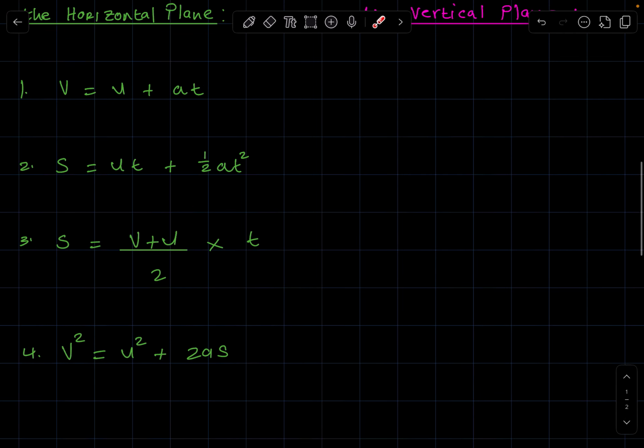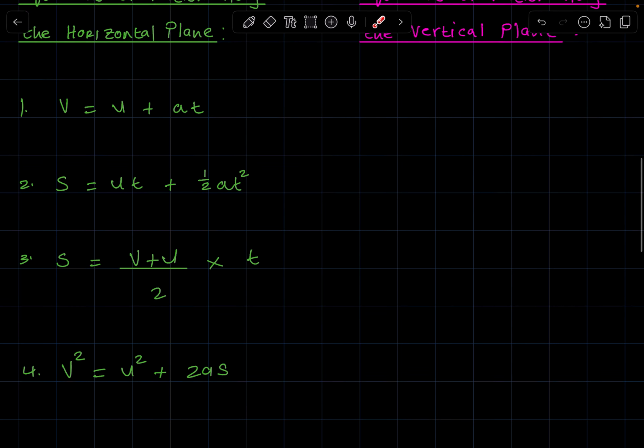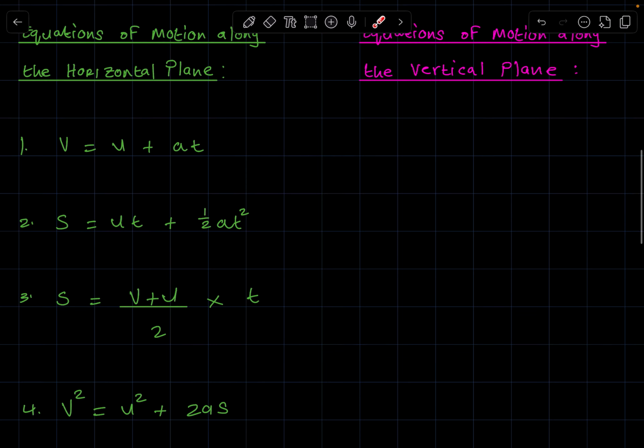Now that we've established all the equations of motion, it is important to understand in which plane the object is moving, and how that influences our equations of motion. I say that because the objects we'll be looking at will either be moving along the horizontal plane or they will be moving along the vertical plane.